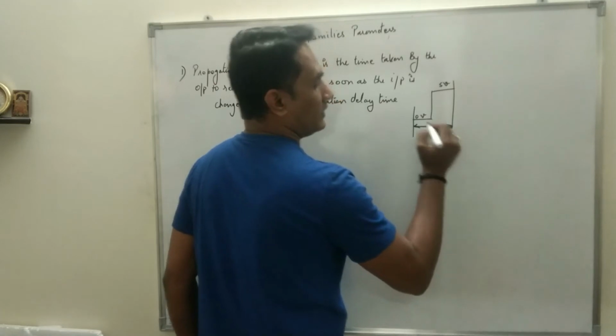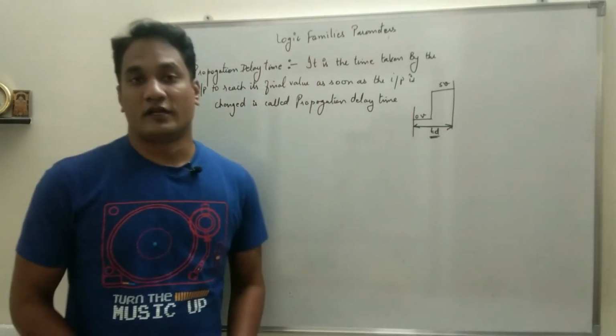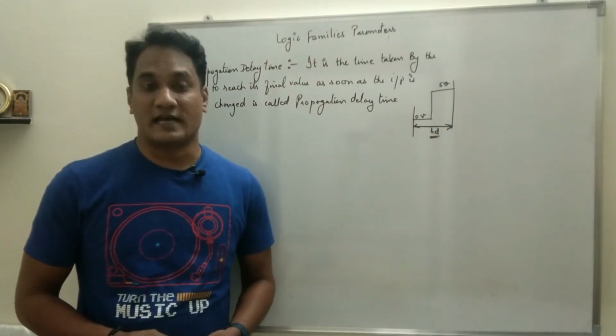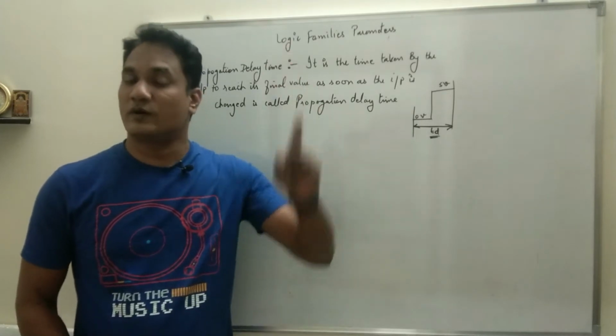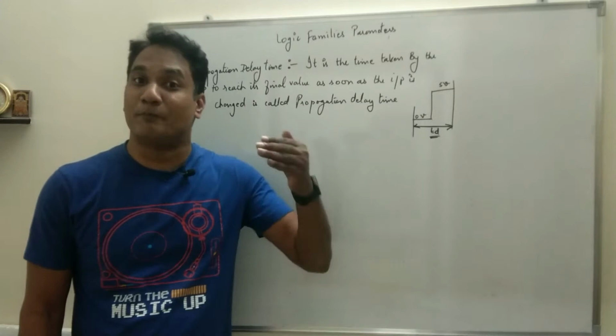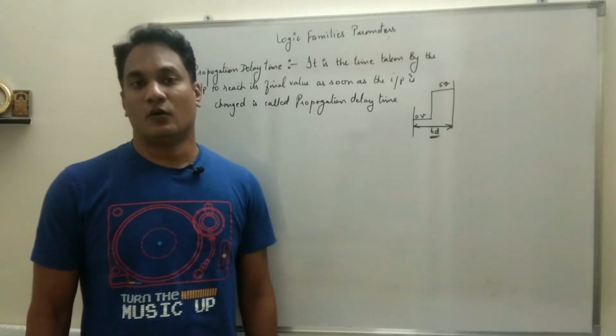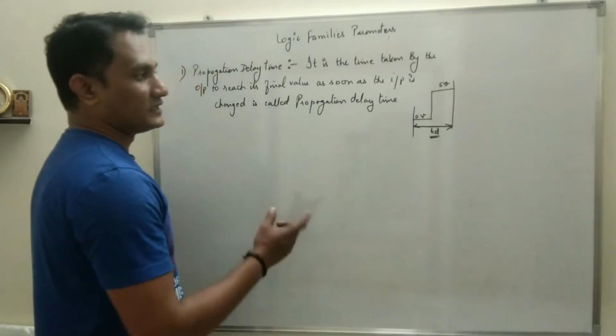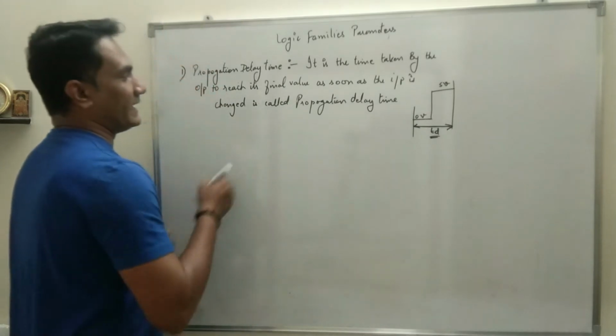And this time is called propagation delay time. It is the time taken by the output to reach its final value as soon as the input is changed. It is the speed with which this gate works. Okay, so that is propagation delay time.